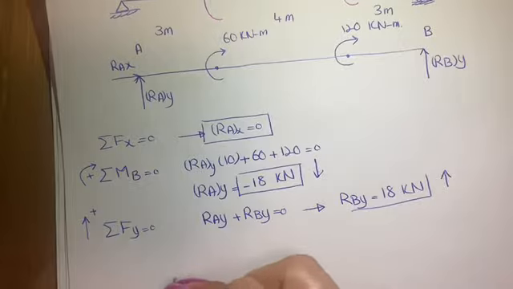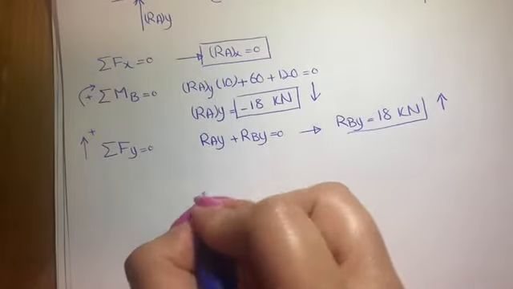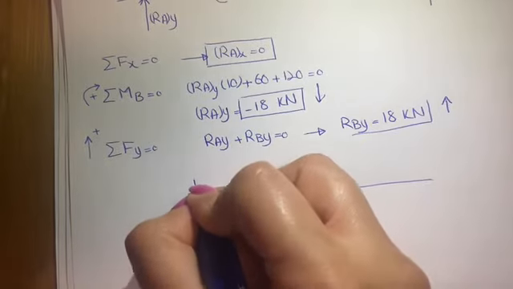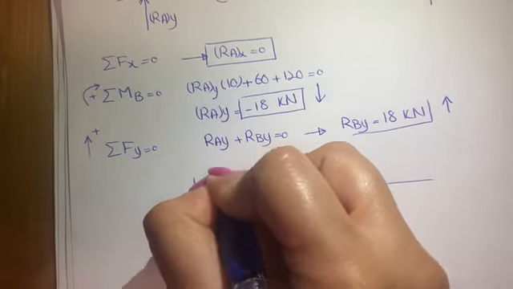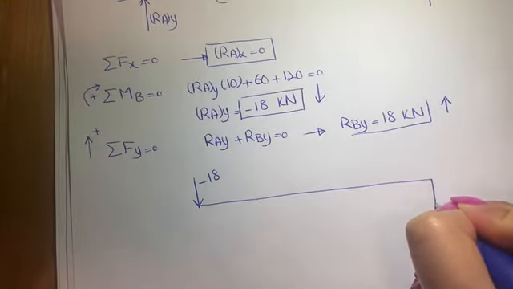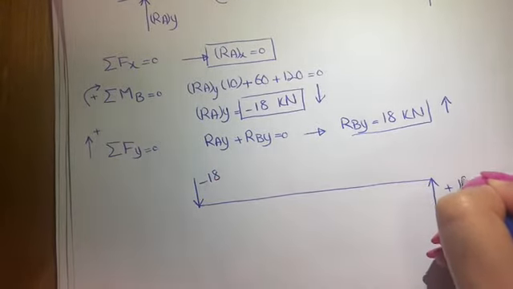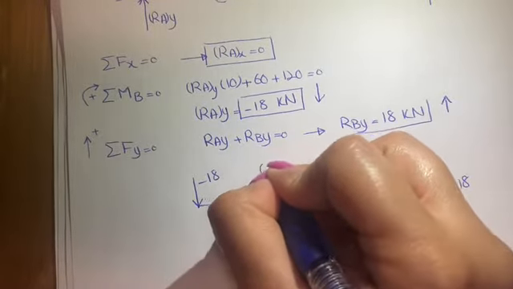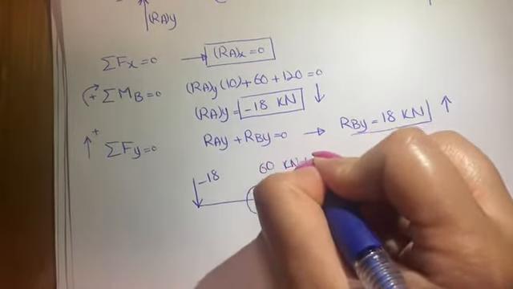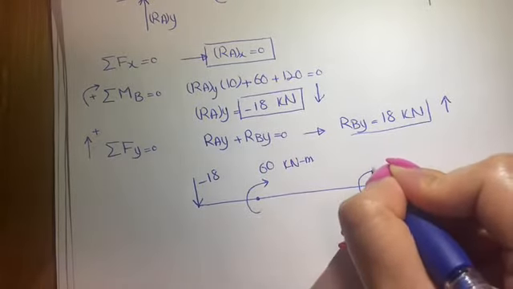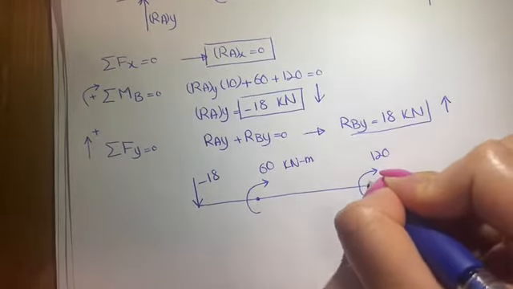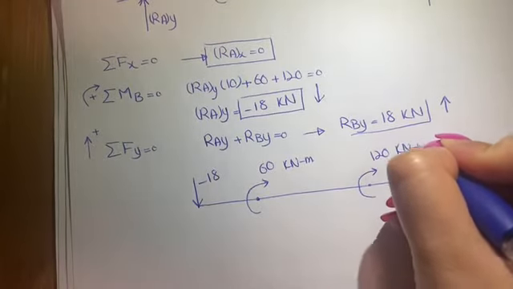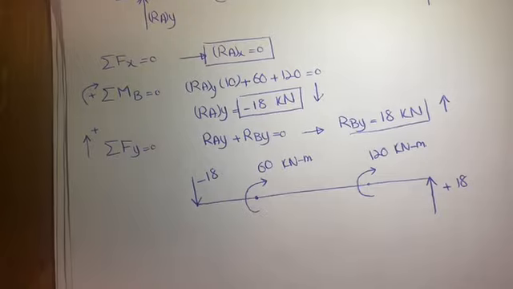So I'm going to plot the free body diagram again. We have minus 18, plus 18, and two moments of 60 and 120 kilonewton meters.